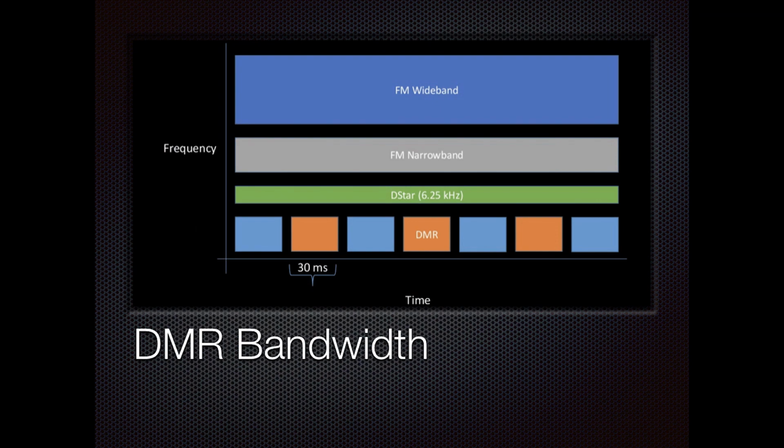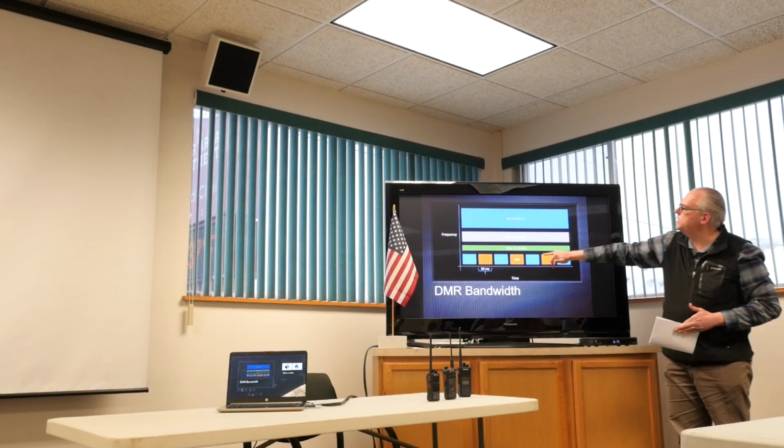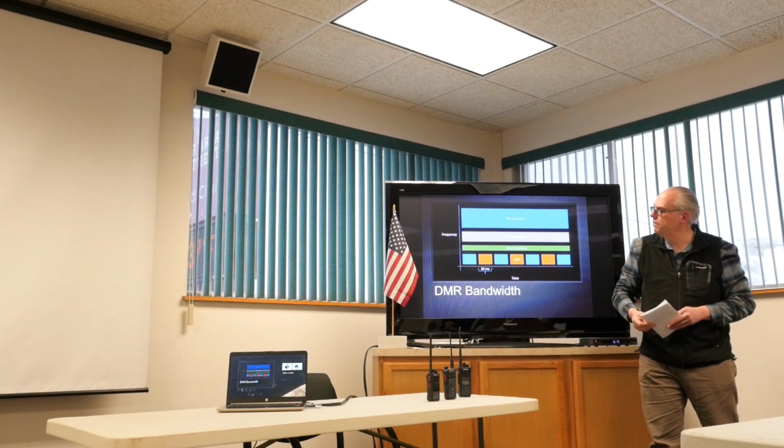Just talking a little bit about the bandwidth. FM wideband, see if you can visualize how much space that would take up spectrum-wise. FM narrowband, which is 12.5 kilohertz. D-Star, which is a single 6.25 kilohertz signal. And then DMR still uses that same amount of bandwidth as FM narrowband, but because of the time slicing, can fit 2 channels.